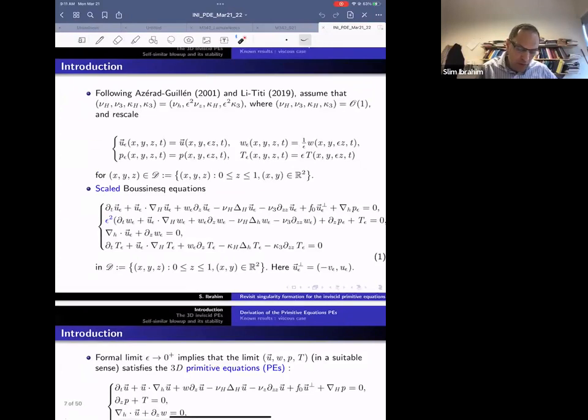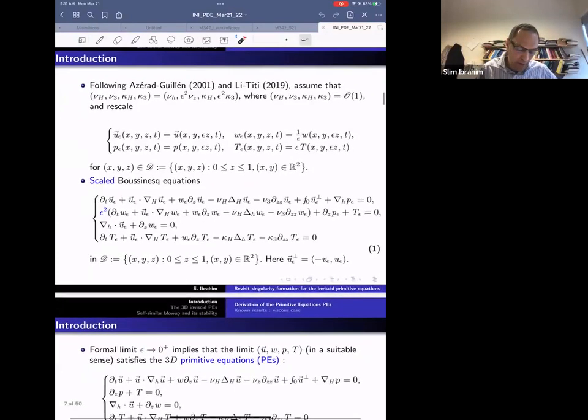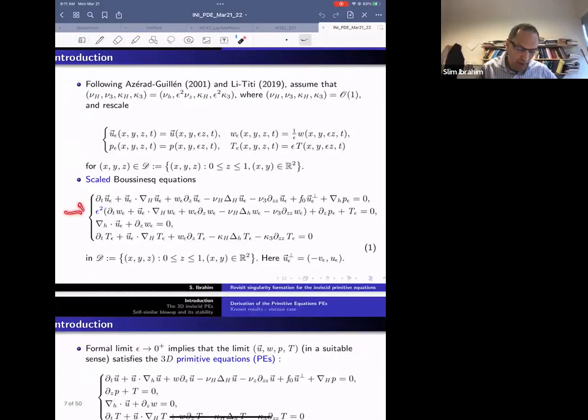Once you introduce the scaling, the resulting equations can be rewritten in this form. What we see here is the factor of epsilon squared that appears on the vertical component of the acceleration.